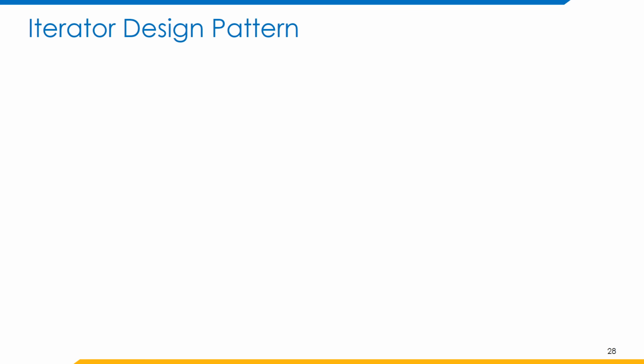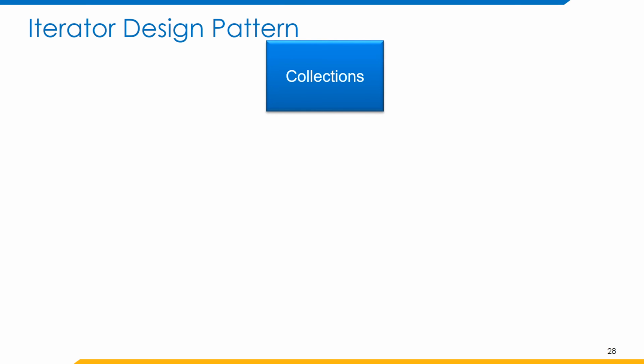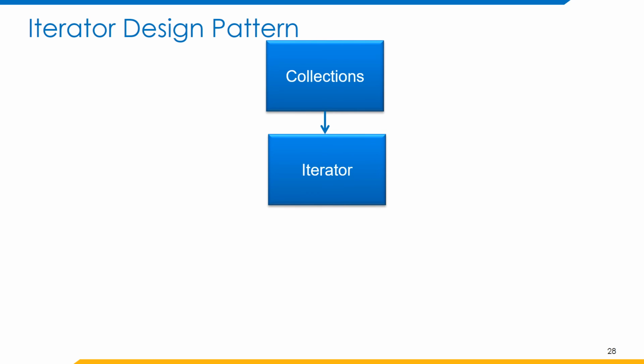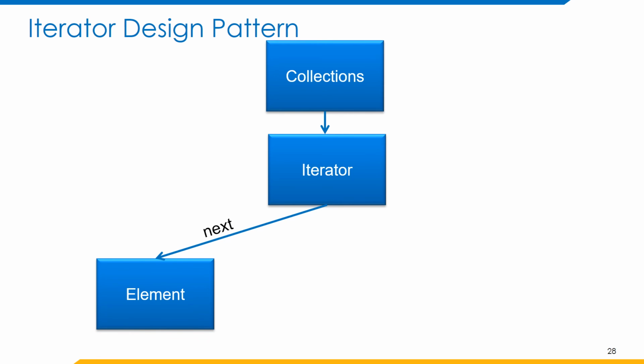In that, sometimes we want to traverse in the previous direction, sometimes in the next direction. In that case, we will use this design pattern. For example, there is a collection and we want to iterate it. In that case, we have two options, we can go in the next or in the previous direction.